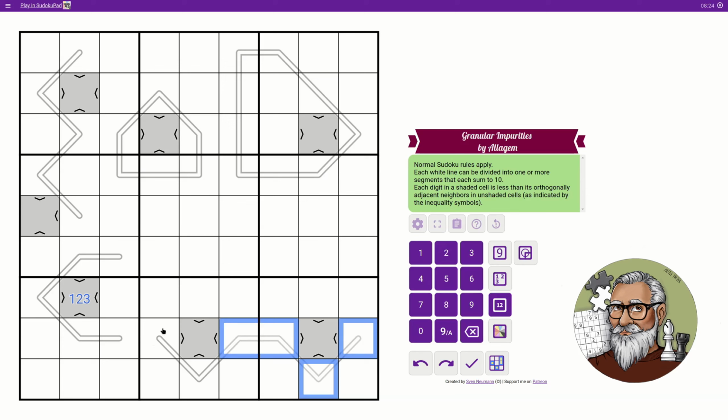So if both of them are 2, 3, 5, we'd have 4 cells to fill with 3 digits, and that's not possible. Not to mention that both of these would have to be 1. Okay, so this means that this has to be divided into 3 segments of 2 cells. Okay, let's color that in.